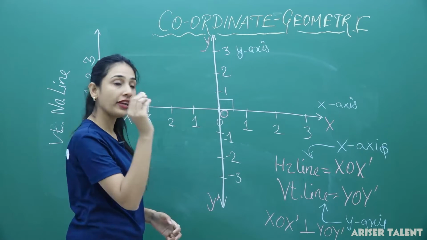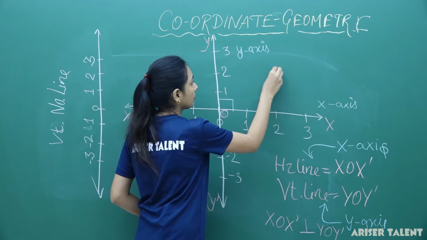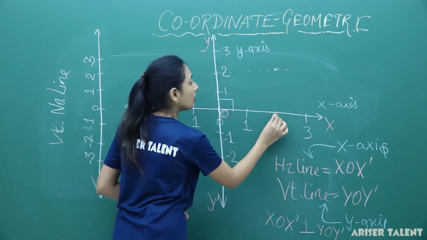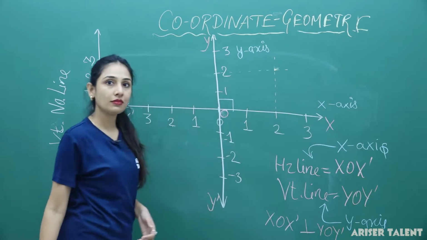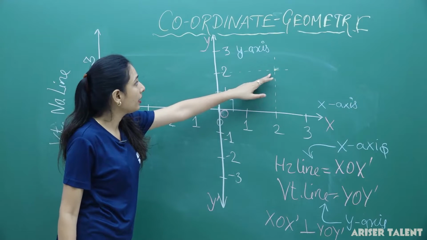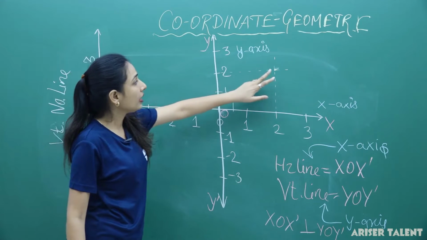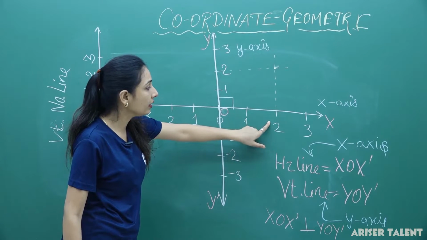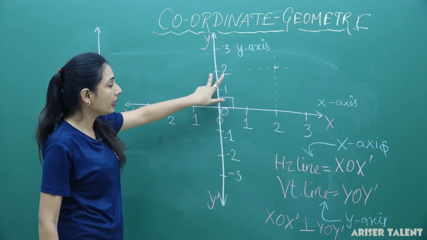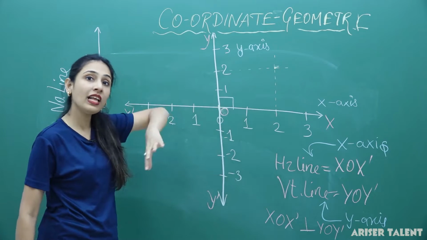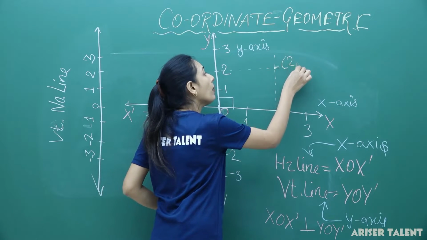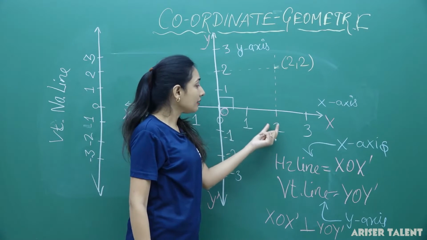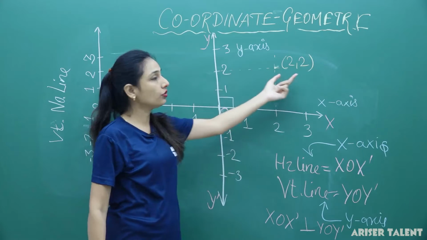If I am having this point here, so basically this point is just the point after 2 here and here again in front of 2. So, 2 here and 2 here. So, how will I write it? 2, 2. Because I am having 2 here, so 2 and 2 here, so 2.